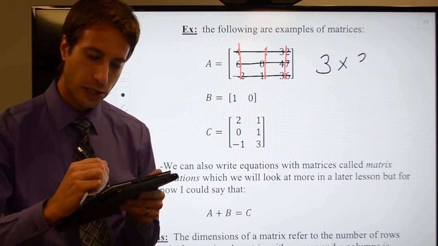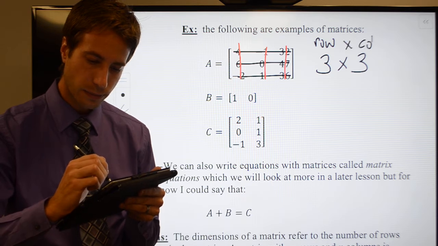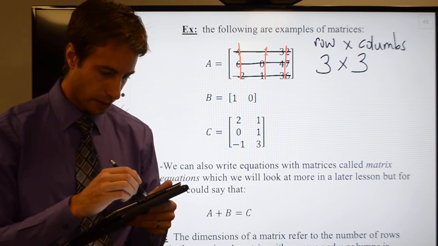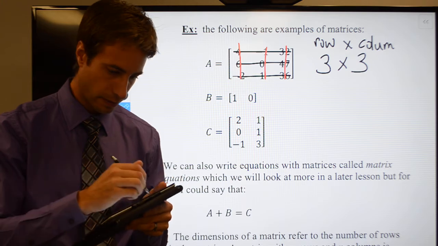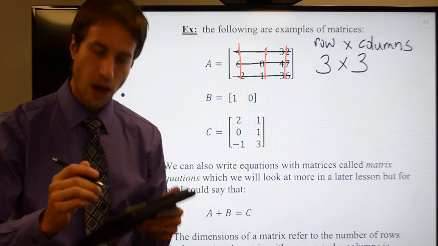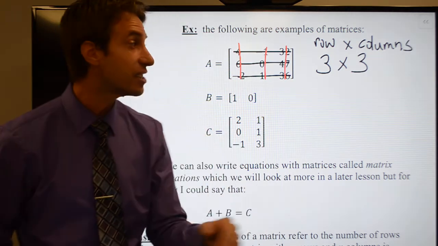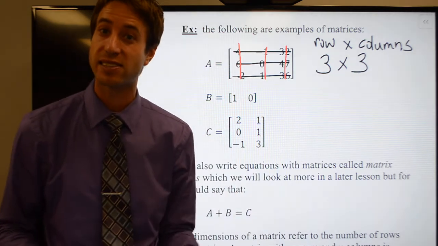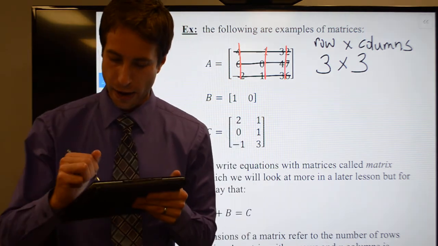It's always going to be rows first, then columns. Also, one other quick note to mention. Since the number of rows and the number of columns happens to be the same, 3 rows, 3 columns, we actually call this a square matrix.